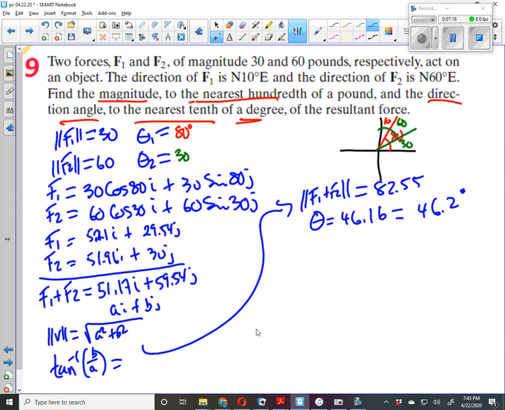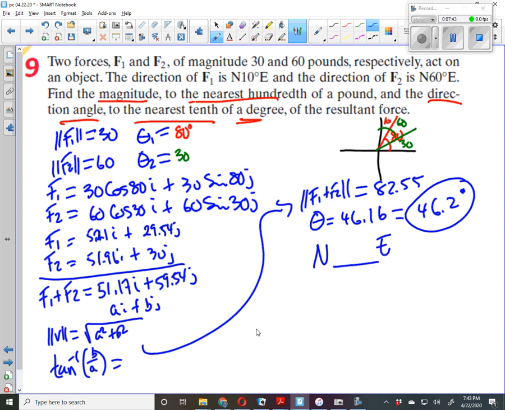Find the magnitude to the nearest hundredth. We've done that. And find the direction angle to the nearest tenth of a degree of the resultant force. So the direction angle is here, but we haven't actually done that. So shouldn't that be north so many degrees east?